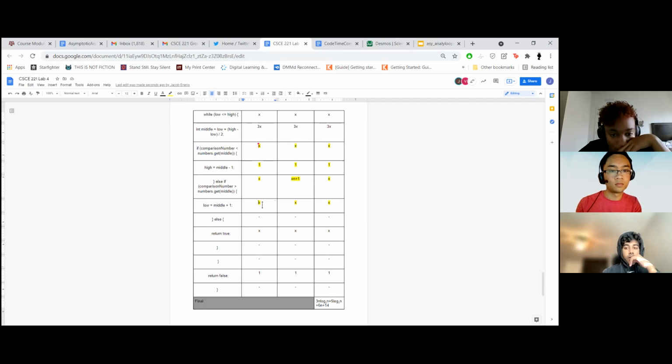I'm just demonstrating the logic behind it. But since this is a binary search, at the very end we need to have O log n for our big O.